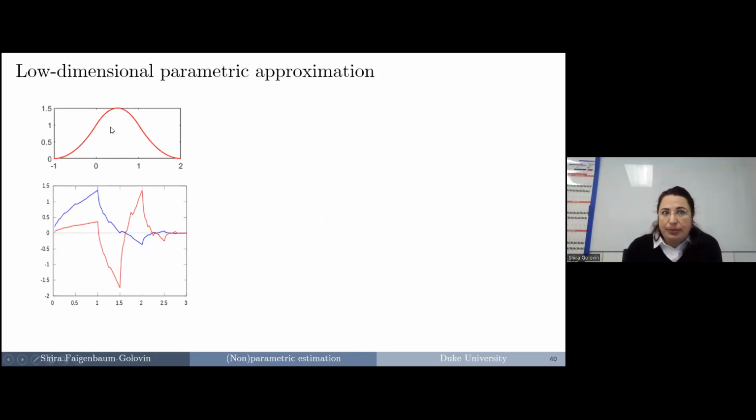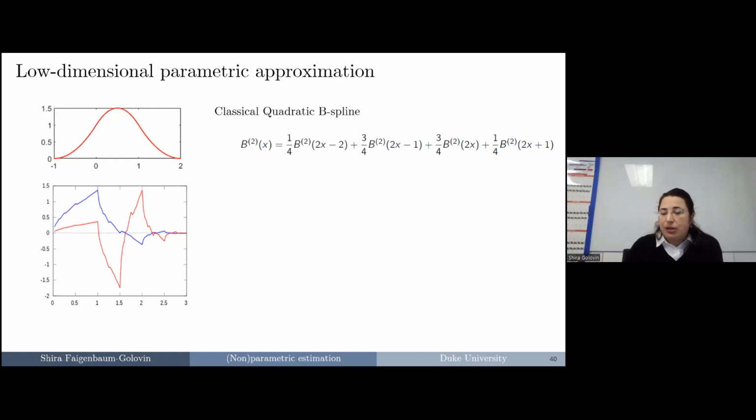We all know the B-spline, that is basically a smooth function that is created with some equation. And what is the equation telling us?